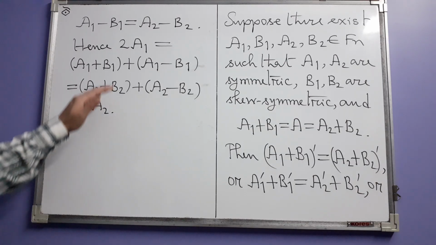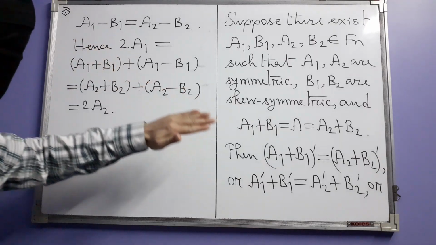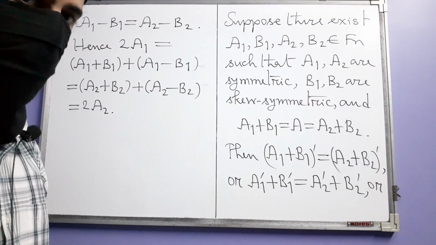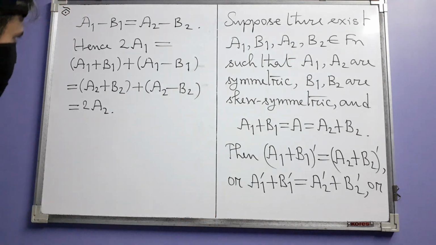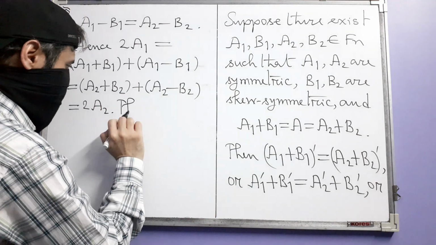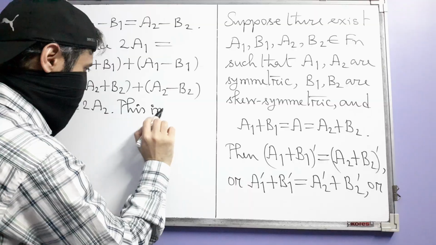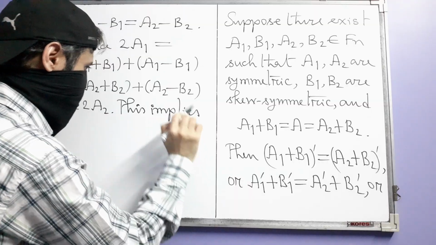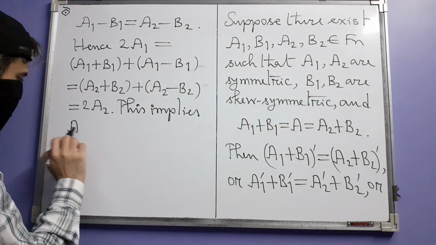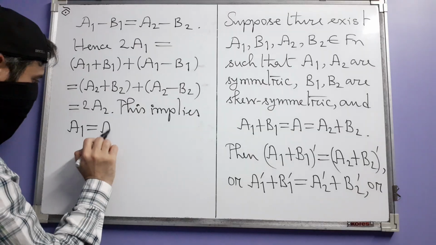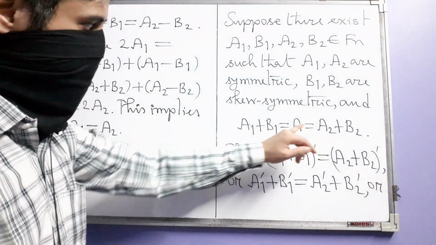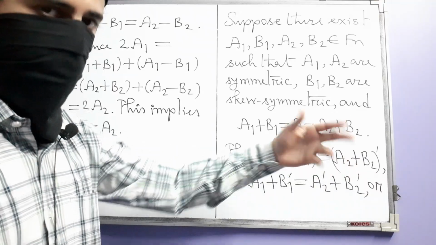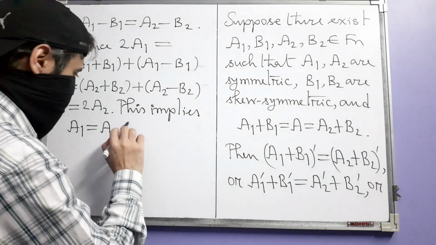Okay, now we can multiply both sides by the multiplicative inverse of 2, which again exists because F does not have characteristic 2, and that way we get the fact that A1 has to be equal to A2. So A1 is equal to A2 and this sum is equal to this sum, so B1 should be equal to B2.